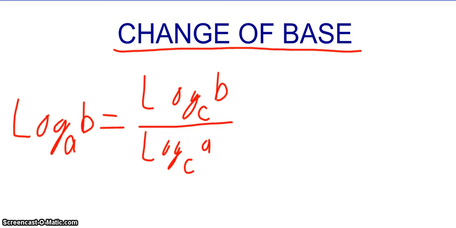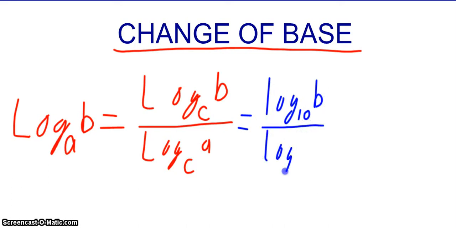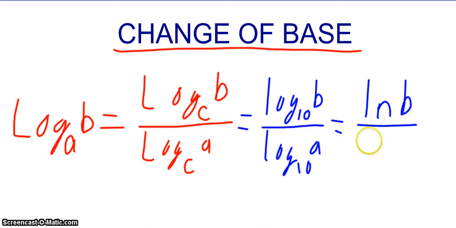It has to be greater than 0 though. But this is really useful because then this is also log base 10 of b over log base 10 of a. Log base 10 is our common log, or the log button on the calculator, and this is also natural log of b over natural log of a. And natural log again is a button on our calculator. Natural log is log base e.